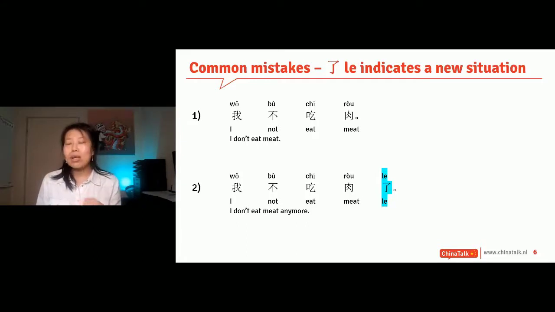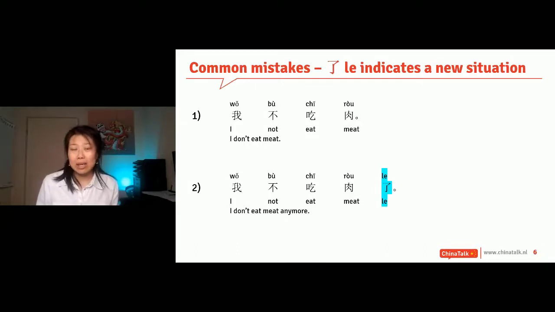While the second one, 我不吃肉了, could be in a situation where I go out with my friends and my friends know that I always love eating meat. And they say, hey Jessica, what should we order? Should we order the double cooked pork or the spicy chicken or the hot beef?